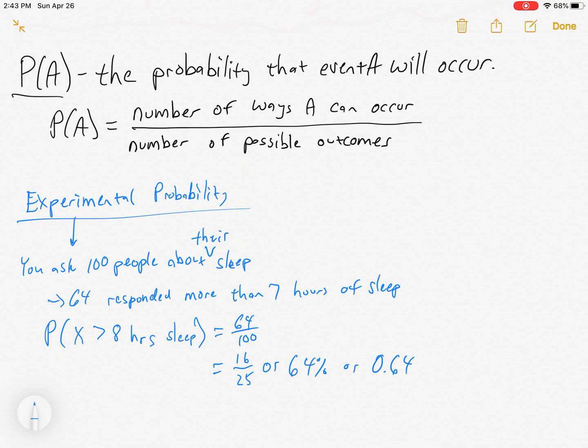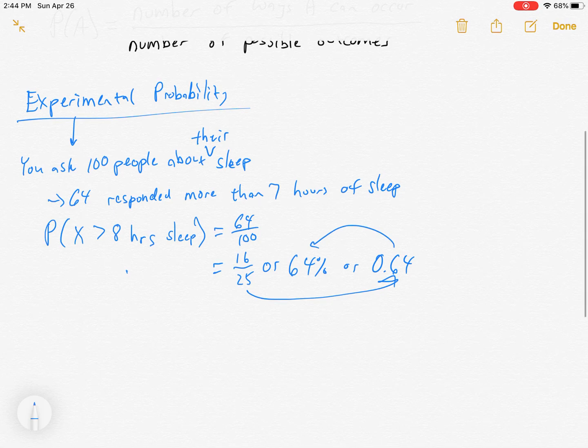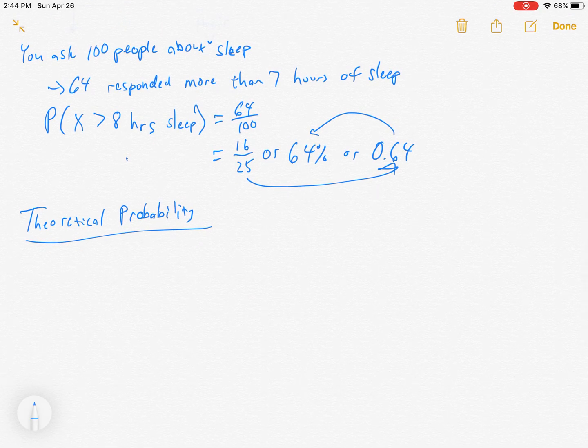And we're not going to do a whole lot of that because we're not going to be doing experimentation. This would reduce down to 16 over 25. You always want to reduce your fractions, or you could write it as 64%, or you could even just say 0.64. That becomes 0.64, or you could write that as a percentage that way.